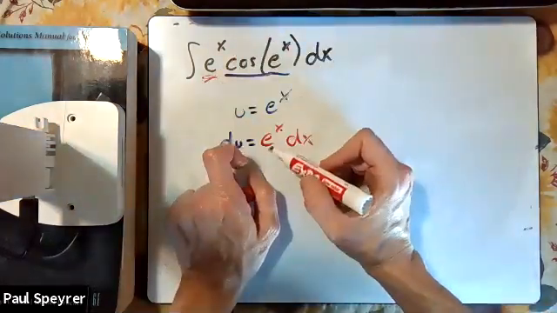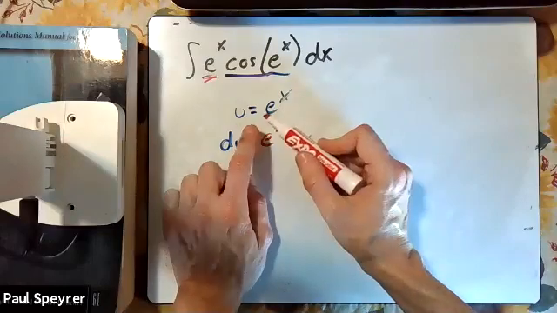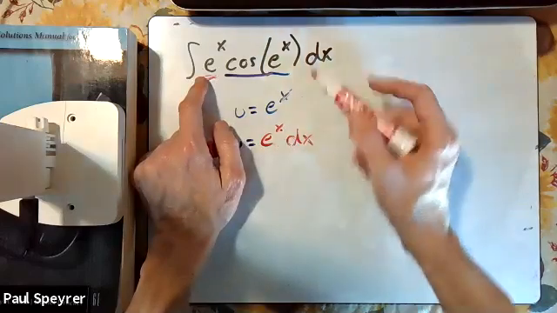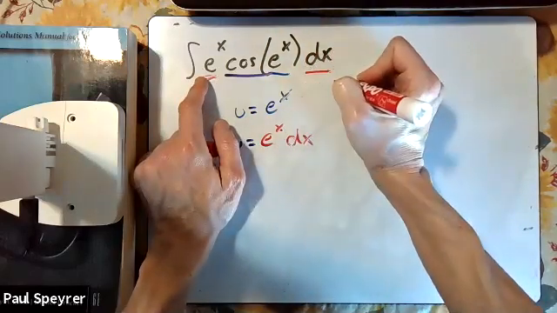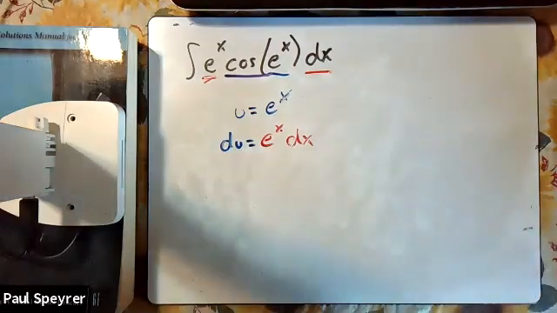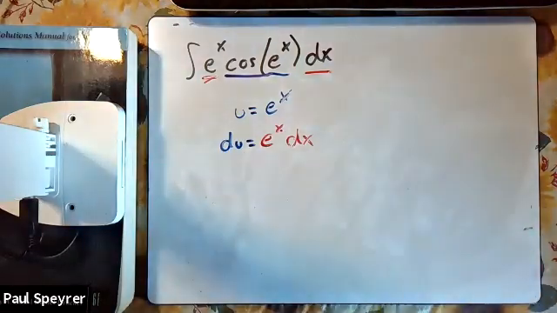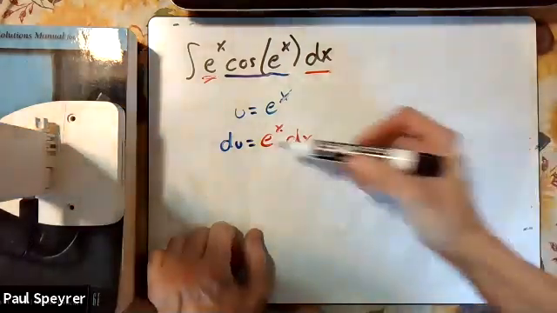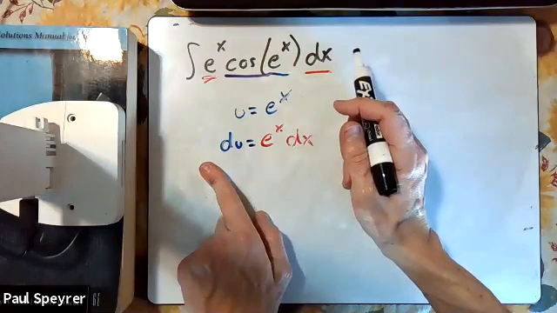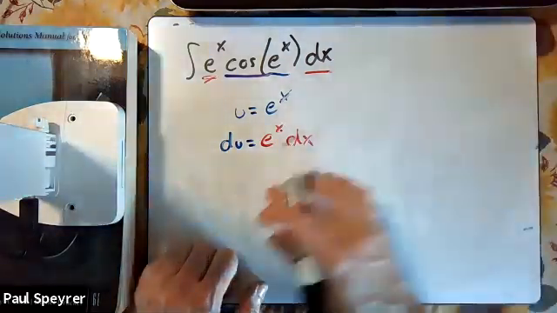Because when we take the derivative of this blue e to the x, what was left over? The e to the x on the outside and the dx component right there. So what does this look like if we rewrite it in terms of u? Notice too, we don't have a constant in this case. I don't need to divide anything over, so we were lucky.